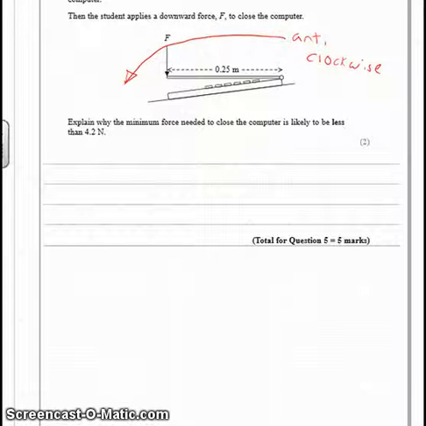Now the downward force that we apply to close the lid produces an anti-clockwise moment, but that's not the only anti-clockwise moment in this situation, because we've always got, at the same time, the weight of the laptop lid. So now we've got two anti-clockwise moments.